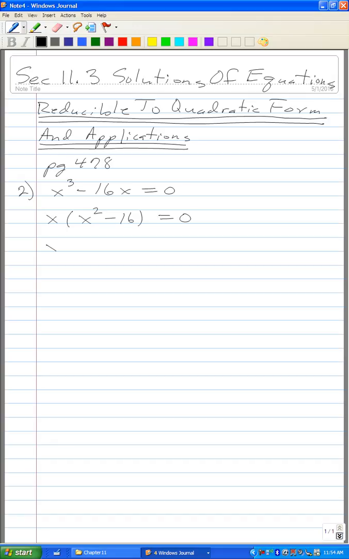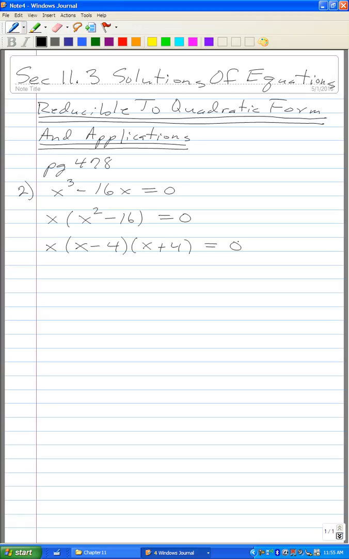What's inside the parentheses is just the difference of squares. So by the special product formula, this is the product of the sum and difference of two terms, x minus 4, x plus 4.